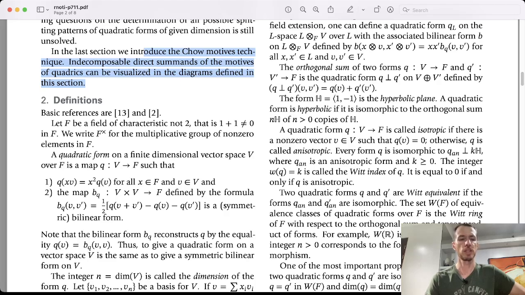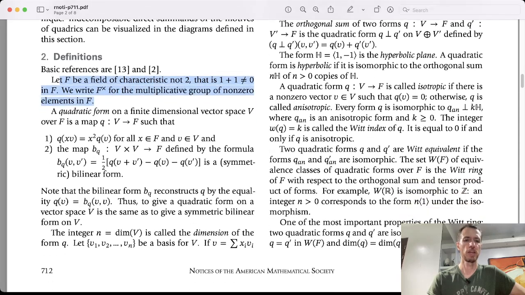Section 2, definitions. Basic references are 13 and 12. Let big F be a field of characteristic not 2, that is 1 plus 1 is not 0 in big F. We write big F times for the multiplicative group of non-zero elements in big F. A quadratic form on a finite dimensional vector space big V over big F is a map Q, big V to big F, such that 1.